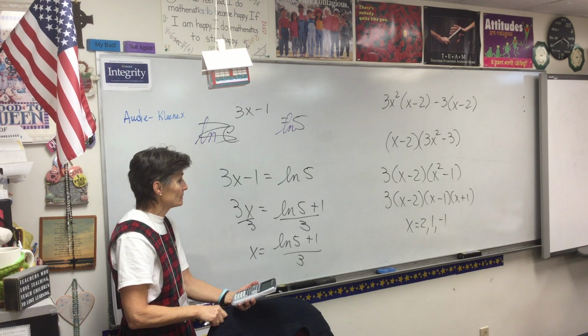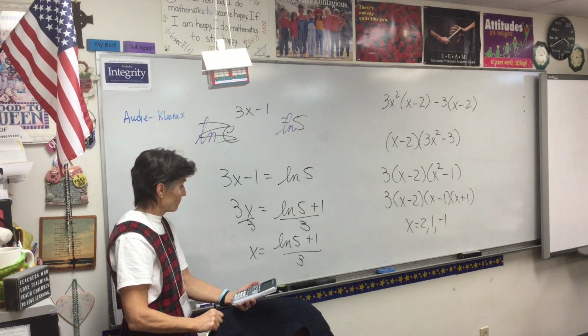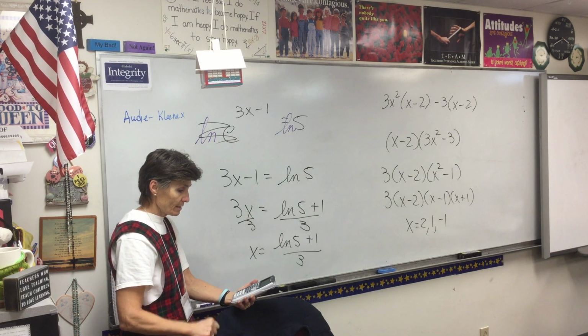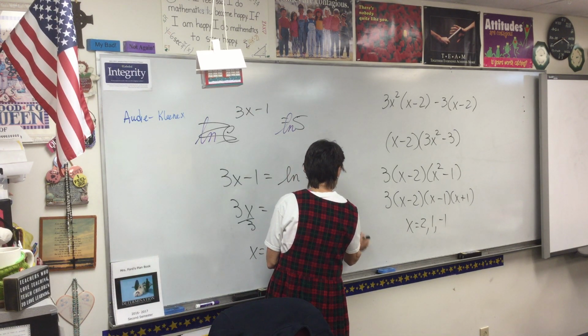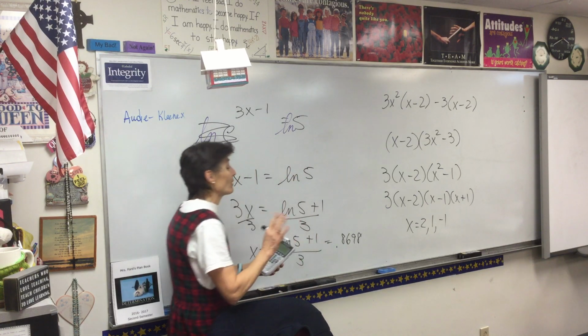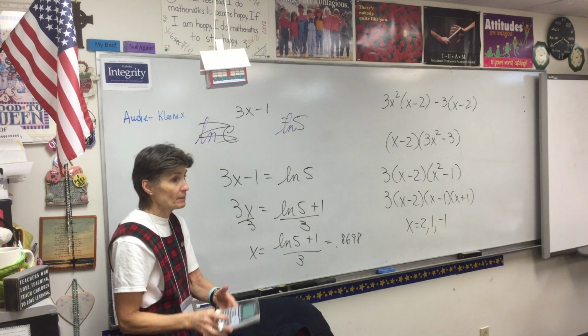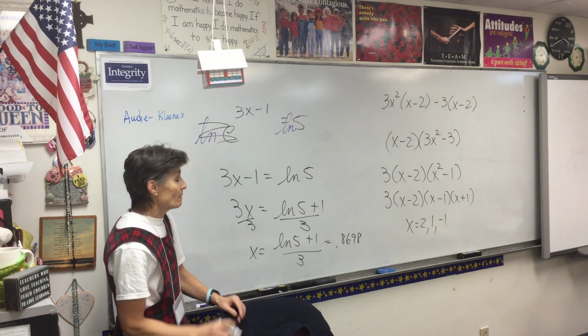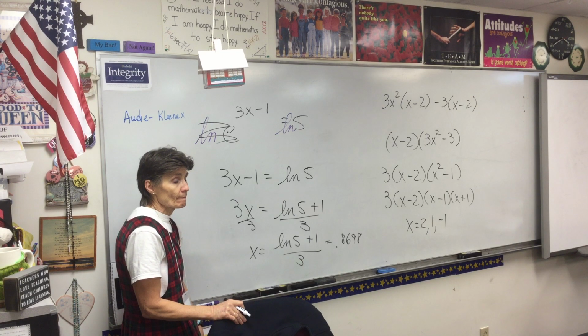Just get a number. Now add 1 to that, equals. Divide by 3 equals. Your answer is 0.8698. Now, I don't care how you type it in as long as that's the answer you get. So you don't have to type it in the way I told you. But if you're not getting that answer, you better type it in the way I told you.